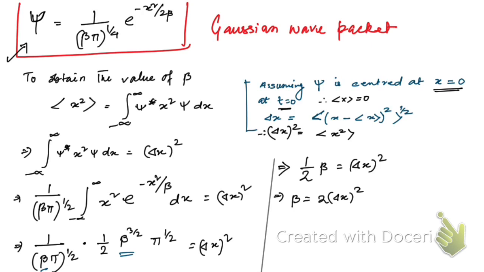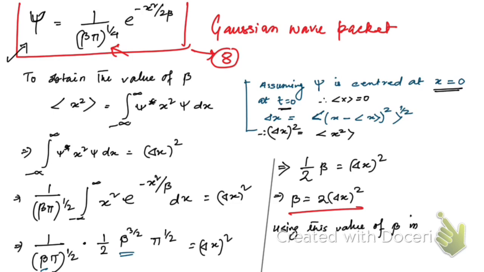Let me take this as equation number 8. Now let us use this value of beta in equation number 8.